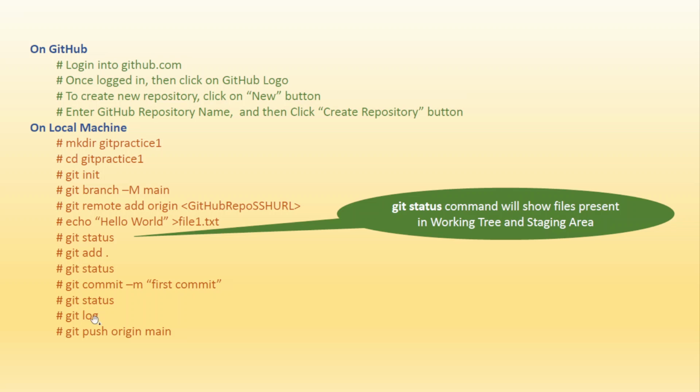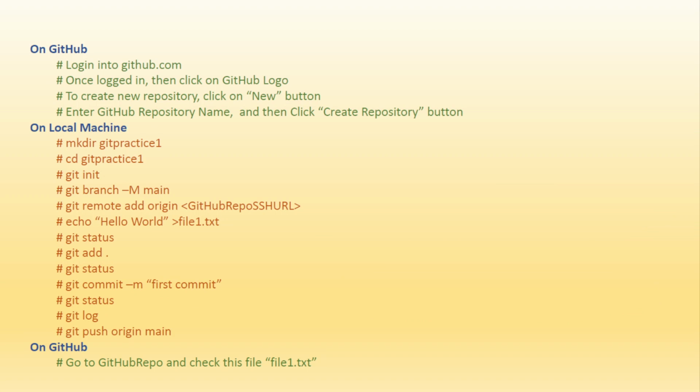And using git log, we can see what commit ID has been generated, and we would also be able to see the message description. Using the git push command, we would be able to move whatever file we created on our local machine to the remote repository on GitHub. Then we will go to GitHub and check this file.